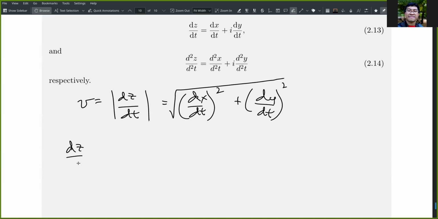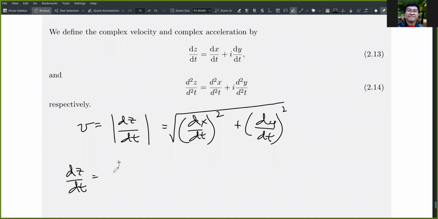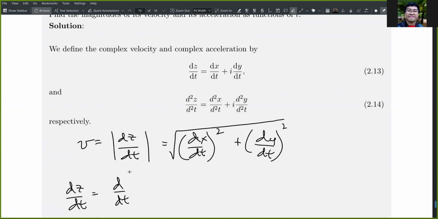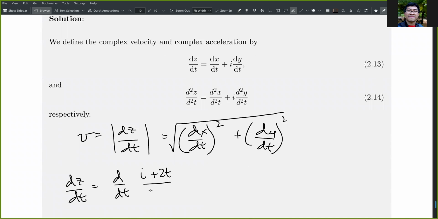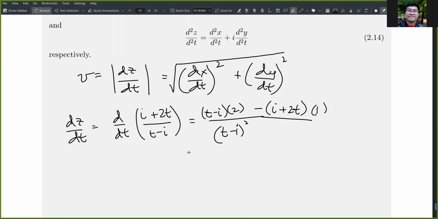Okay, so dz by dt is given by the derivative of i plus 2t divided by t minus i, which is t minus i squared, times t minus i, derivative of the numerator, which is just 2, with respect to time, minus i plus 2t, derivative of the denominator, that's 1.